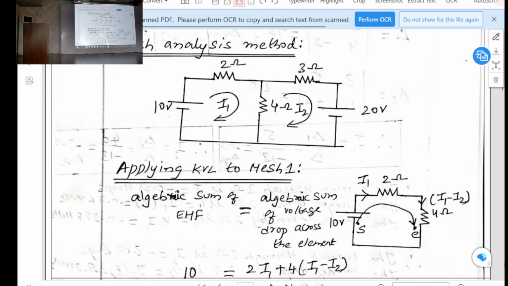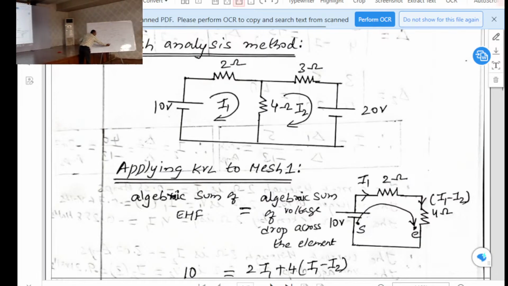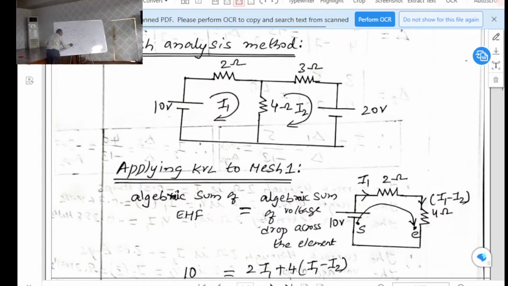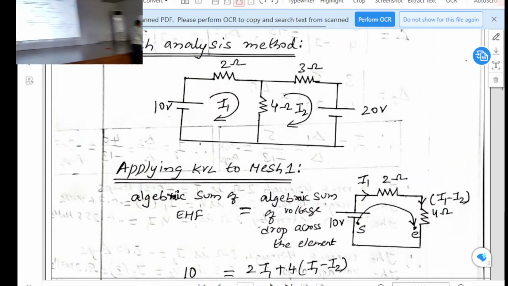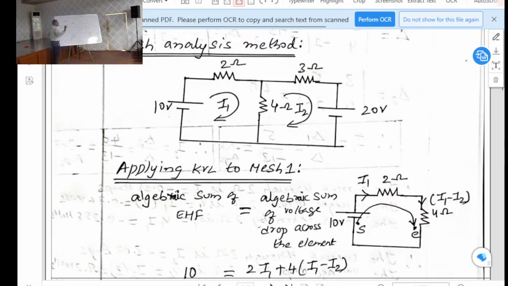How many EMFs are there in this loop? Only one EMF, this battery. How many drops are there? I1 into resistance, 1 drop; current into resistance, 2 drops.